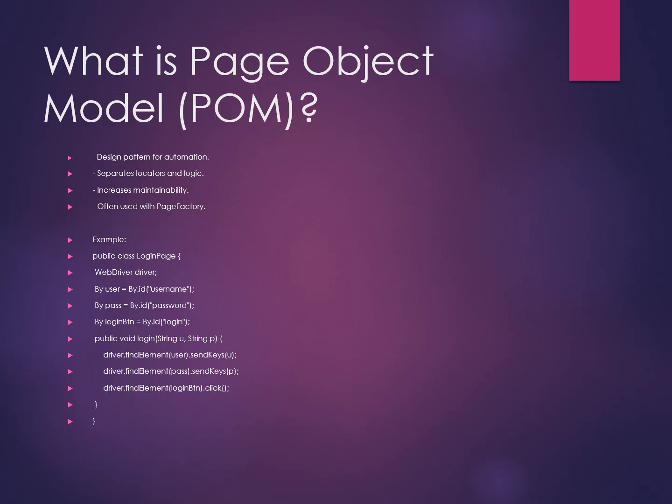Come to the page object model. Page object model is a design pattern of automation that separates locators and logic and increases maintainability, often used with page factory. There are very common classes here: page class, test class, or base class.